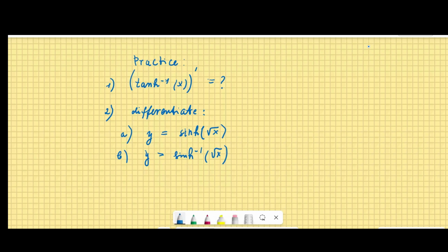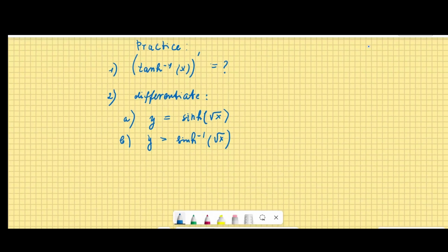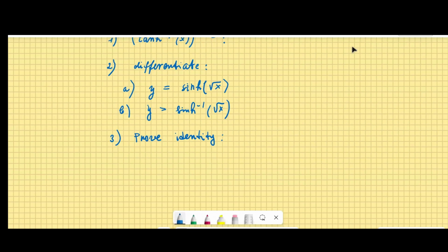What else? Maybe, guys, you can prove an identity. I'm going to write it down. And that's going to be the last problem. Prove identity. Oh, guys, I'm going to write a set of S and C for sine and cosine, because otherwise this identity is going to look super long.